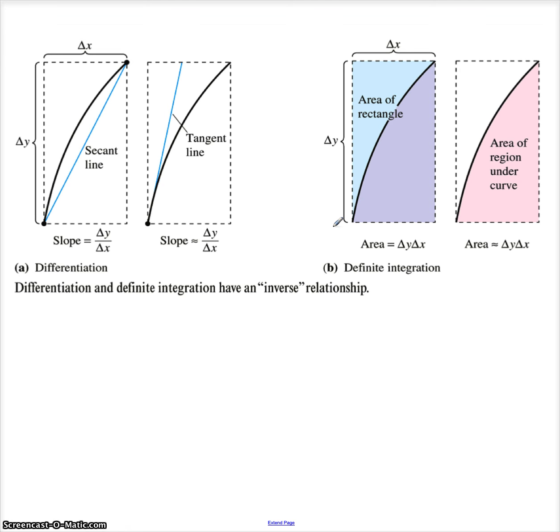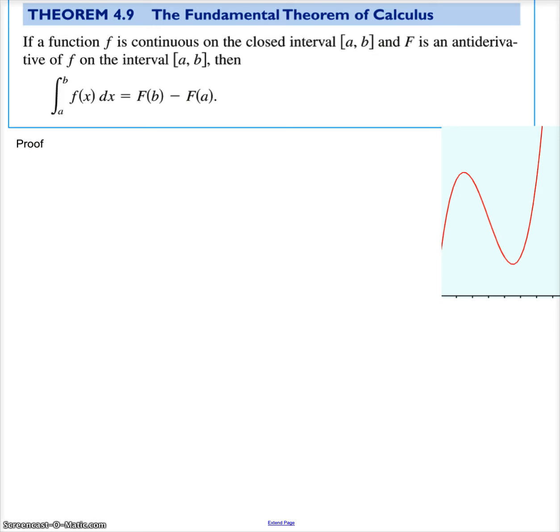Much like multiplication and division are inverses, addition and subtraction are inverses. And we've been kind of intuitively doing this without really doing it. Now, let's look at what the fundamental theorem of calculus says.